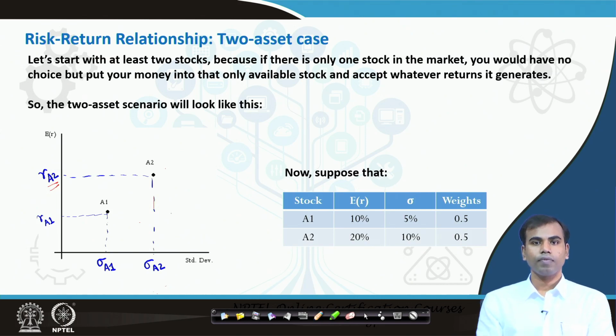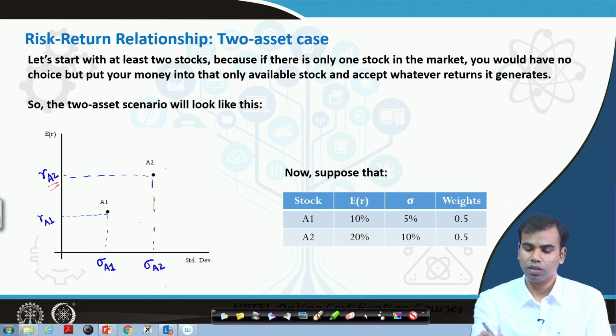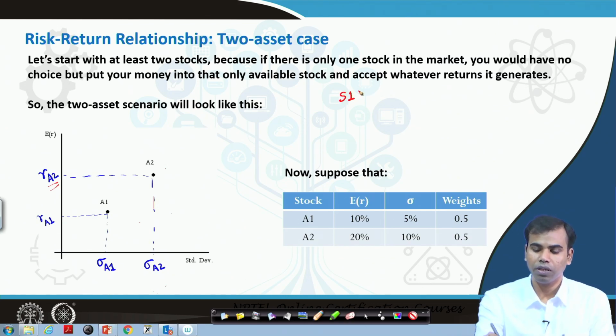If we try to create a portfolio of these two assets, we can assign weights. For example, if we have 100 rupees to invest and we can invest in either A or B or a combination of both, we have multiple scenarios. Scenario 1 would be investing 100 rupees in A1 and 0 rupees in A2.